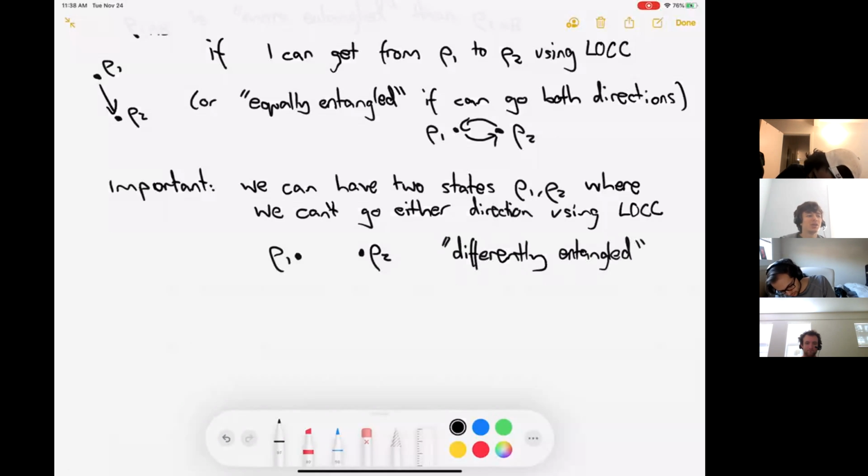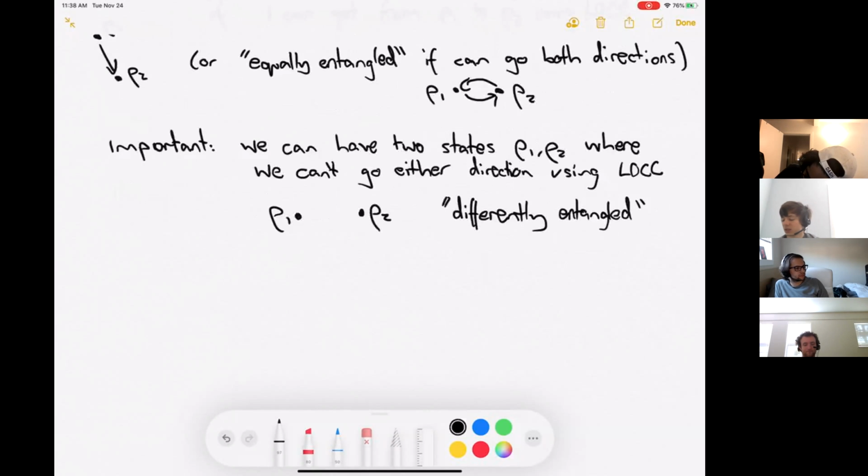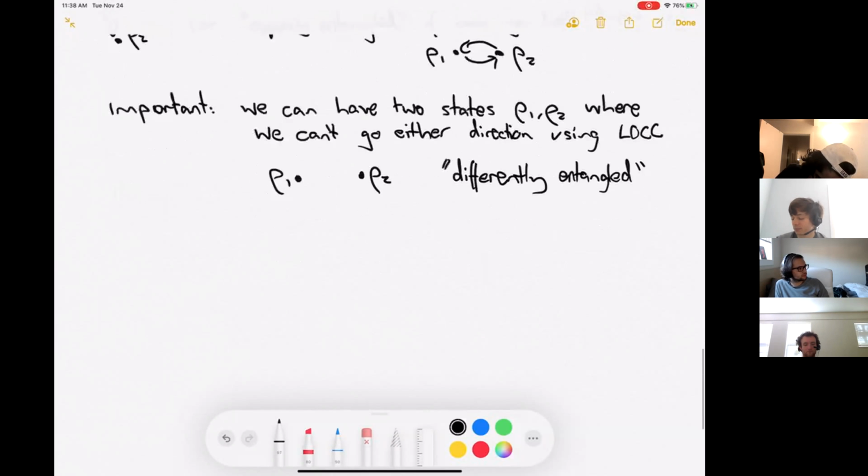Which one is more entangled depends on what you want to do with it, right? Like it might be that rho 2 is more entangled than rho 3, rho 1 is more entangled than rho 4, but neither, rho 1 isn't more entangled than rho 3, rho 2 isn't more entangled than rho 4. They're just different types of entanglement.